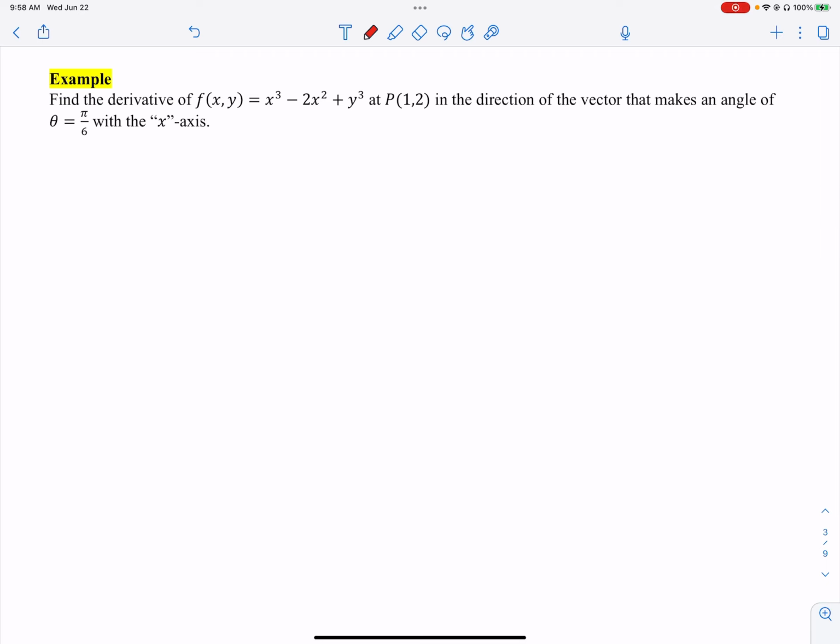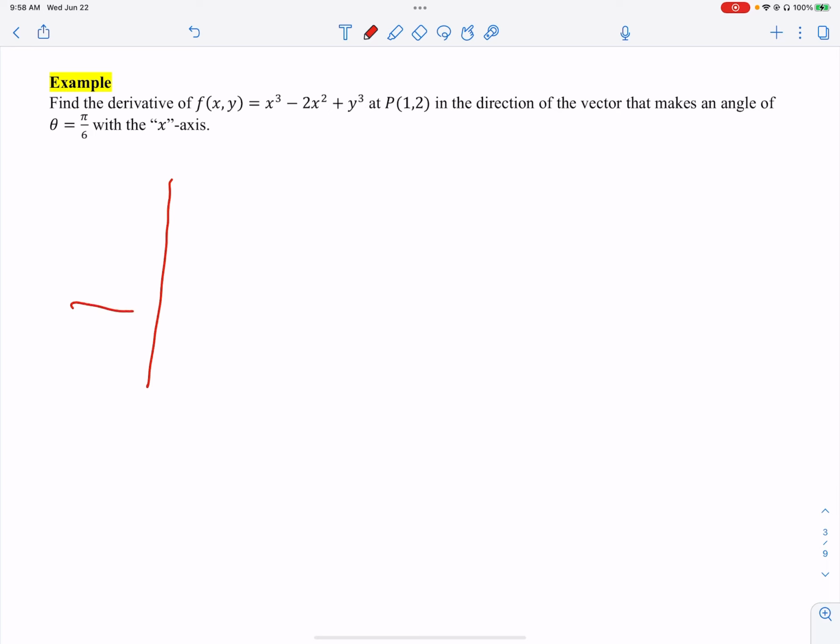Here's this example. Find the derivative of this function at this point in the direction of the vector that makes an angle of pi over 6 with the x-axis. This is where we are creating our unit vector, in 2D, telling us where to go. If I have some angle of pi over 6, I can use trig to come up with my x and y components.